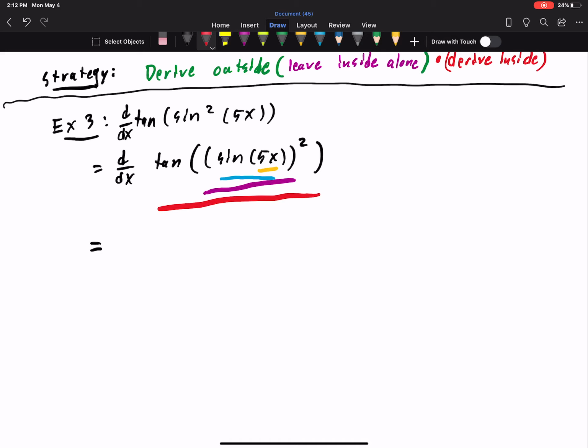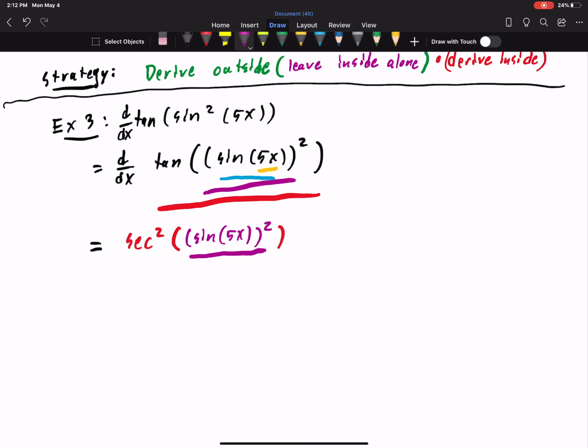Hopefully you remember, it's going to be secant squared of x, or in this case, secant squared of everything that's inside the original tangent, all the purple underlined stuff. So this is going to be sine of 5x squared, and that's the inside of that. Okay? So now our idea is to multiply by the derivative of this purple underlined thing.